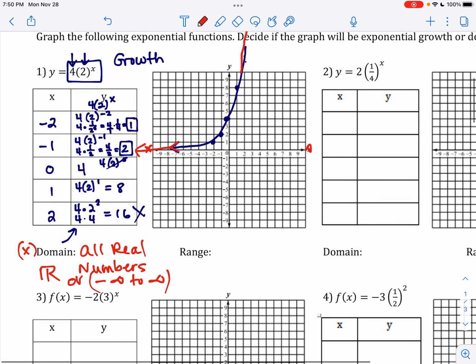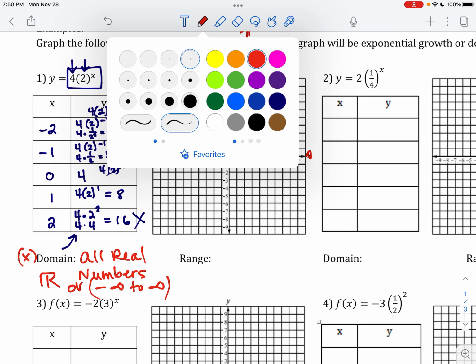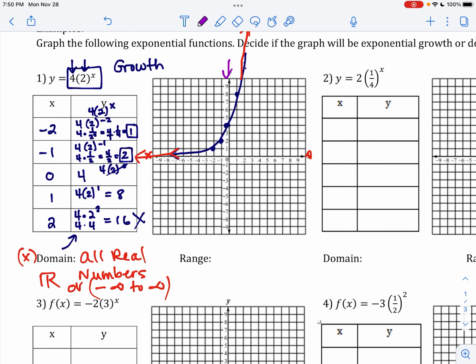Now range is a little bit different. Range, we're talking about the y values. So we're looking at the y-axis here and here. So since the graph never ever crosses the x-axis, my lowest y value is right here at 0.